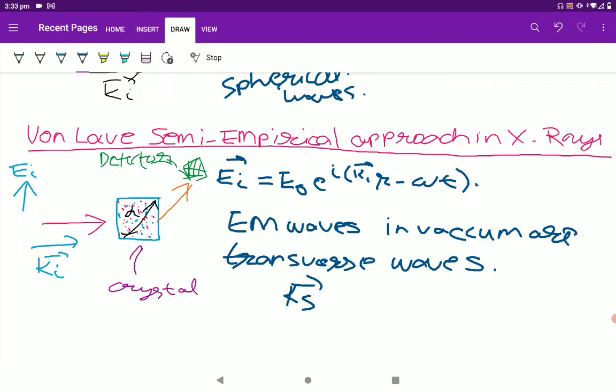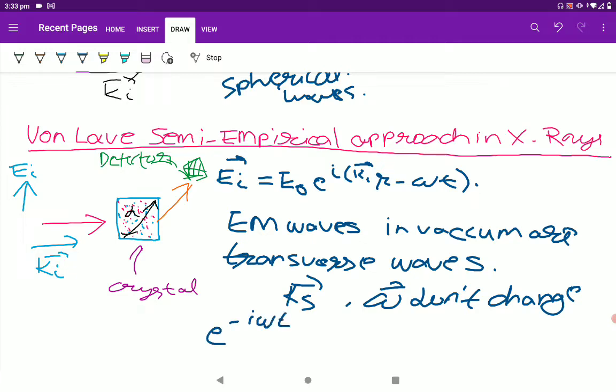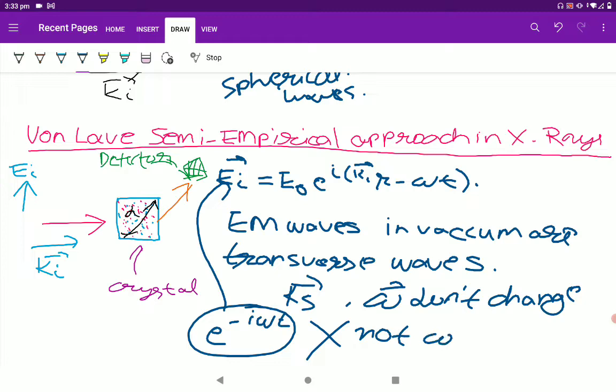By the first hypothesis, that is elastic scattering, the frequency omega doesn't change. So we will not consider this e^{-iωt} term in the above expression.